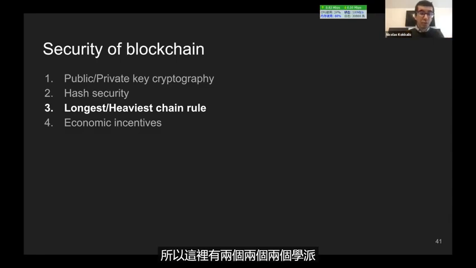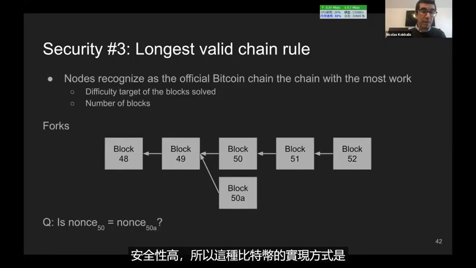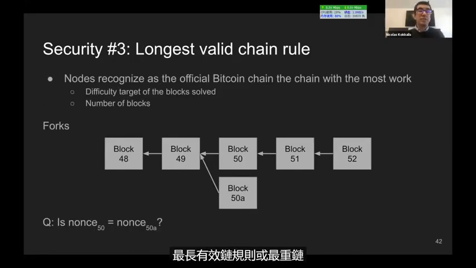Now I'm going to describe how Bitcoin solves the situation when forks happen, since we know that Bitcoin is violating safety. The way Bitcoin does it is by the longest valid chain rule, or the heaviest chain.